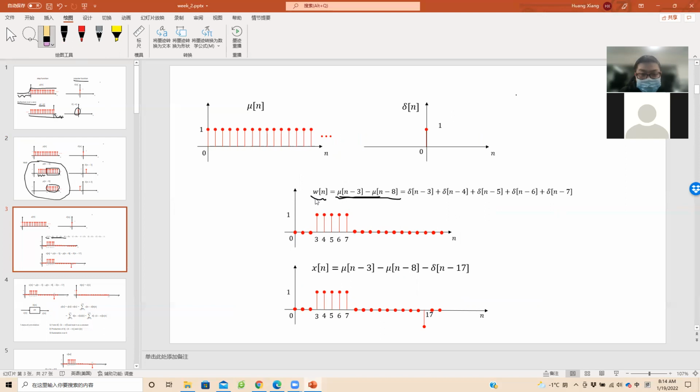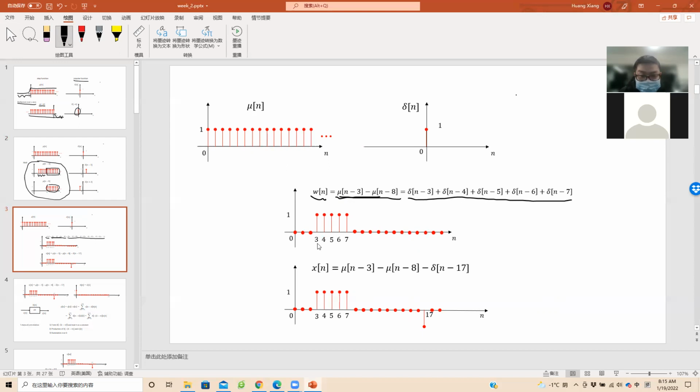If we define w of n with the length of 20 samples, we can see the rest of the part is filled with zeros. Even though we can define w of n with this equation, I think the most convenient way is to define it as the summation of shifted impulse functions like this.